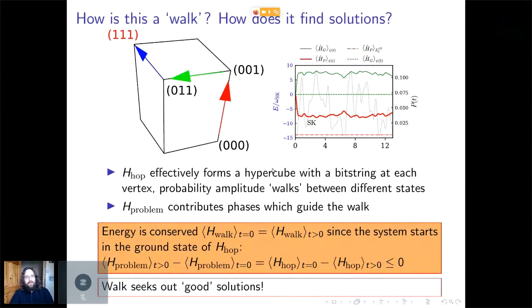And here we're looking at continuous time rather than continuous space. As you increase the number of qubits, the dimension this hypercube lives in increases, and that exponentially increases the number of bit strings because each time you add a dimension, it doubles.